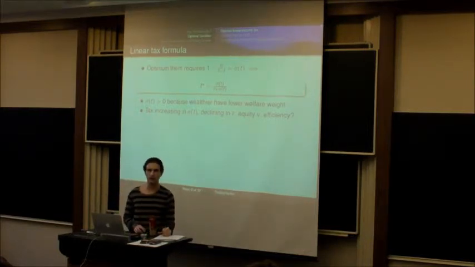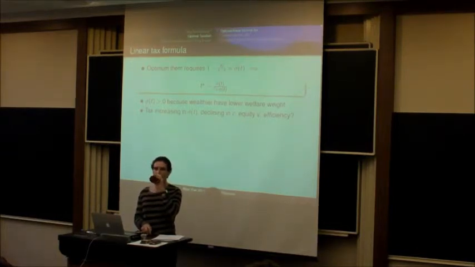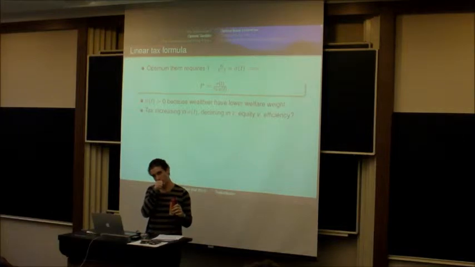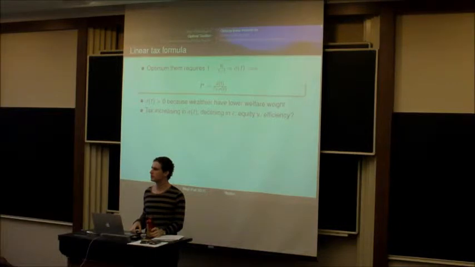Stieg, can you explain why that captures the equity versus efficiency trade-off? I'm not quite sure. Does anyone else want to try to explain how it captures the equity versus efficiency trade-off?